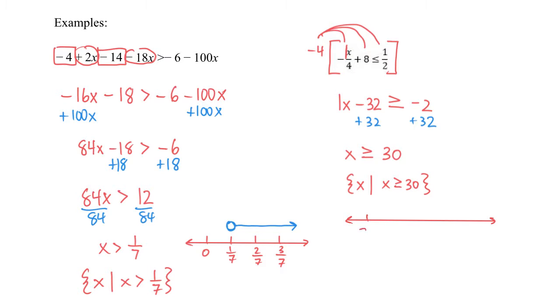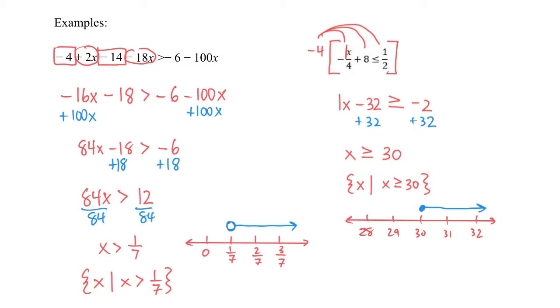So how about 28, 29, 30, 31, 32. My symbol is greater than or equal to, so I need to use a closed circle at 30, and I'm pointing to the right because I'm pointing to things greater than 30.